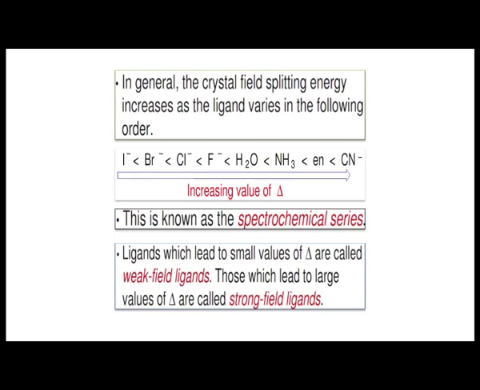If we add ammonia, ammonia molecules will replace the water molecules, and afterwards if we put ethylene diamine, ethylene diamine will also be able to replace the NH3 groups. That equilibria tells us that ethylene diamine is a stronger ligand with respect to both water as well as ammonia.